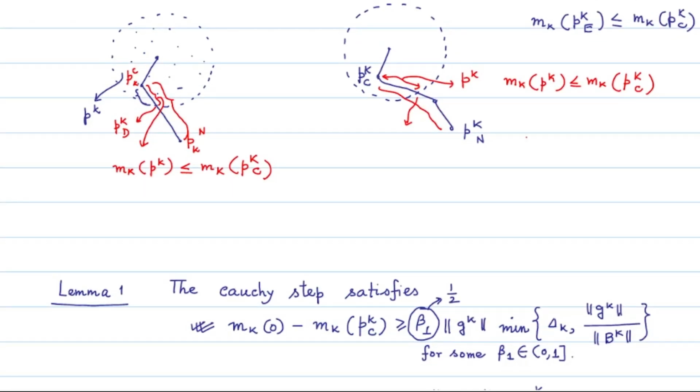Now next, at first we prove that if you consider any pk for which you have mk(pk) less than or equal to mk(pkc), then pk is a descent direction of the objective function. We eventually will prove that gk transpose pk is less than 0 when pk satisfies this inequality.